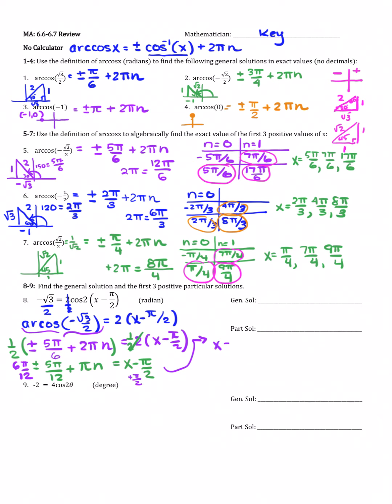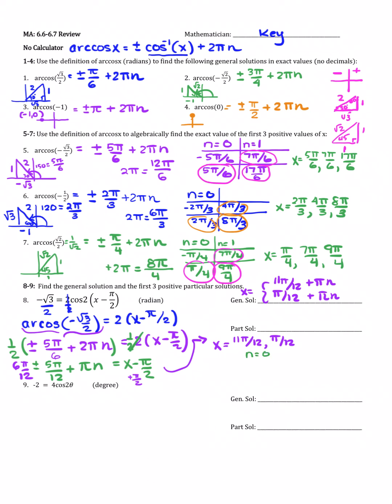So my general solution, 6 plus 5 is 11 pi over 12, and 6 minus 5 is just pi over 12. So up here for my general solution, I've got 11 pi over 12 plus pi n and pi over 12 plus pi n. Now that gives me two positive answers already. So to get my third answer, I'm now only adding pi, but here, let me do the little table so you can see how this works.